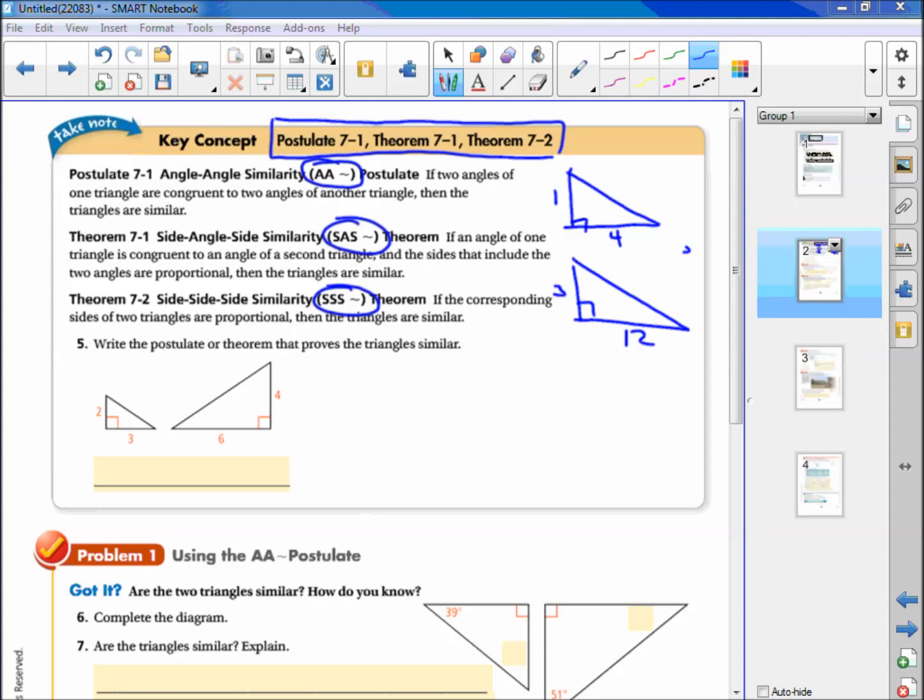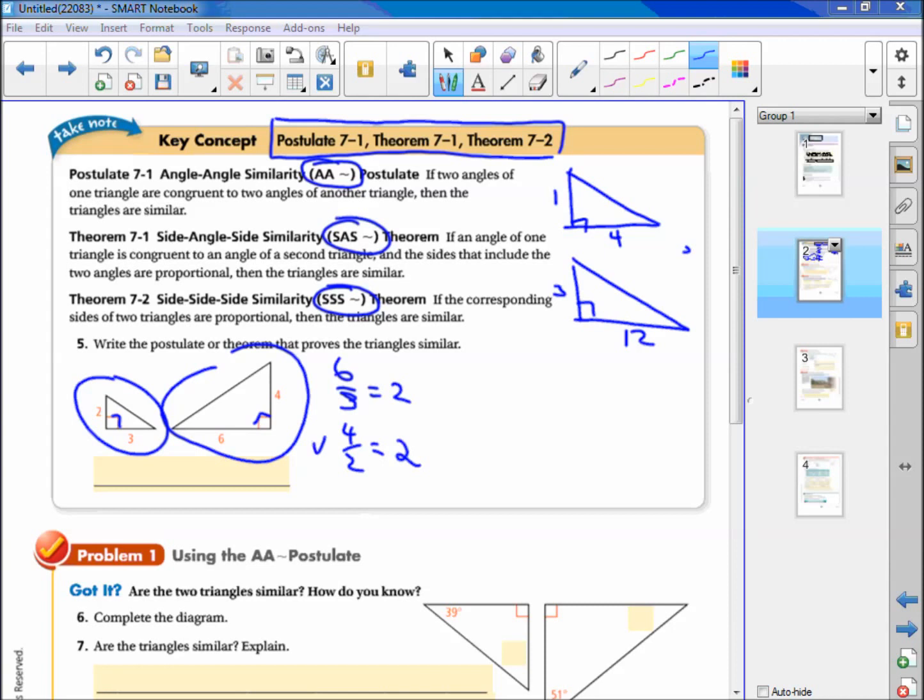All right, so looking at these 2 triangles, could we prove they are similar? And this would be yes. So we do have an angle in between 2 sides. And let's look at the big ones compared. So the big one divided by the other big one would be 2. And then the small one divided by the other small one would also be 2. Notice we're taking the big triangle divided by the little triangle also. So this is the big side of the big triangle divided by the big side of the little triangle.